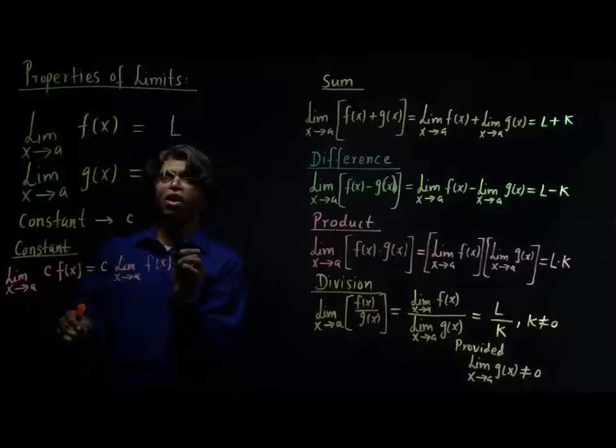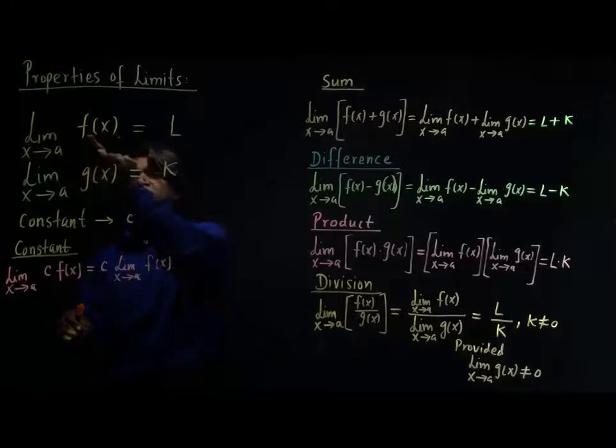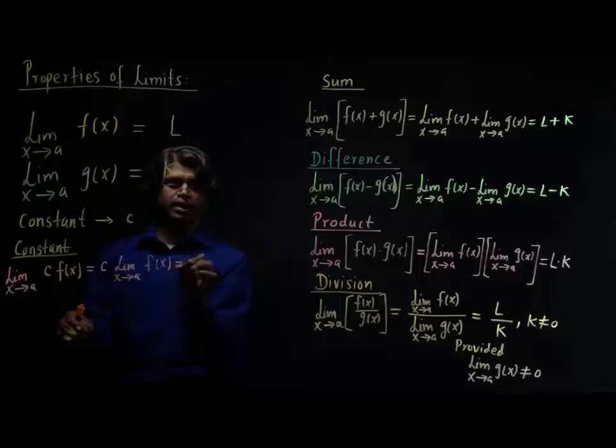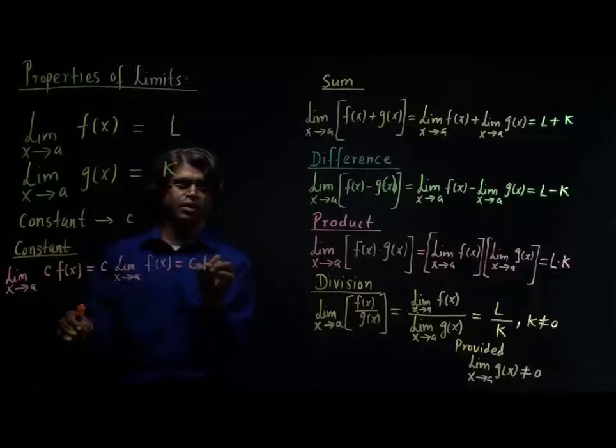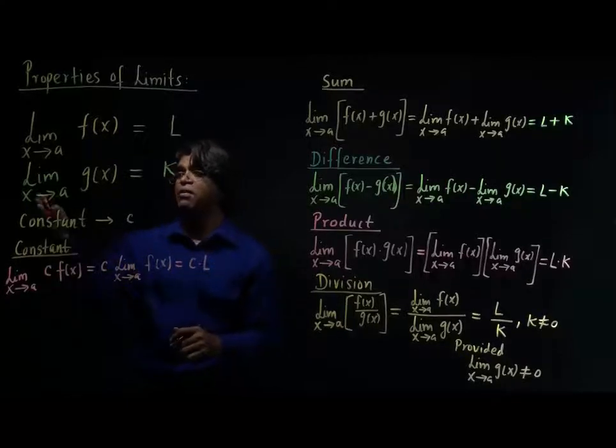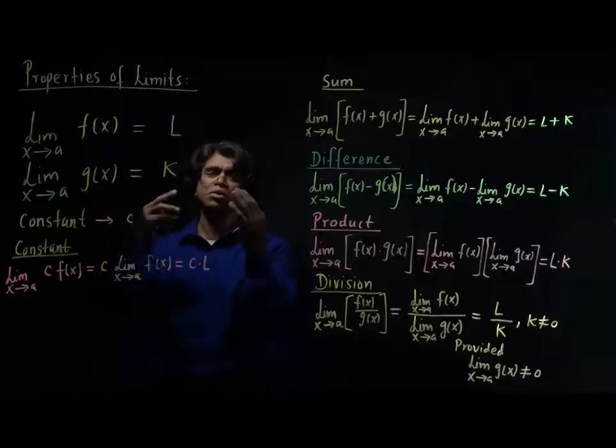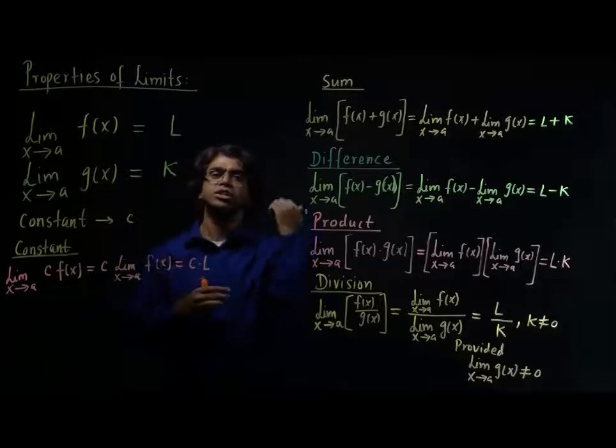And we all know that limit x tends to a f(x) is L. So I will write this as c times L. But if we have a function g(x), then we will do the same thing for g(x).